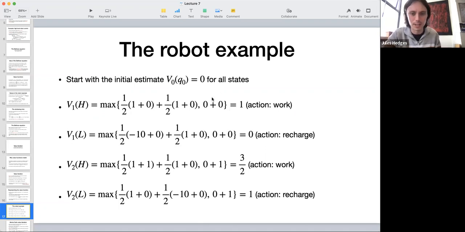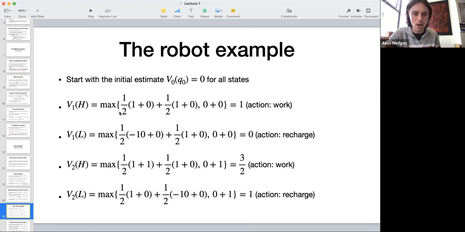For the recharge action, this is easy. We're going to get 0 for the current payoff, plus we transition into the high state with probability 1. So we ask what's the value of the high state according to the previous estimate. The previous estimate is that all states have value 0, so 0 plus 0. This is what we'll get for following the recharge action.